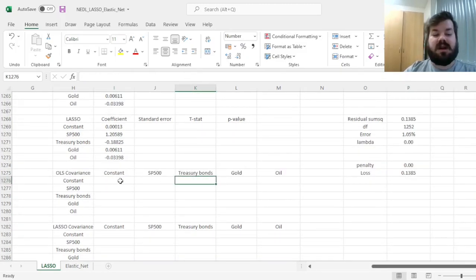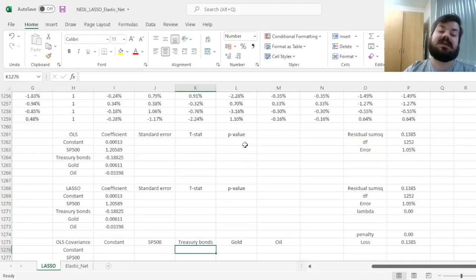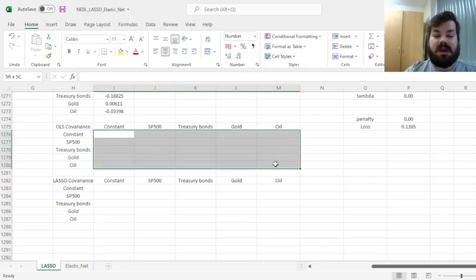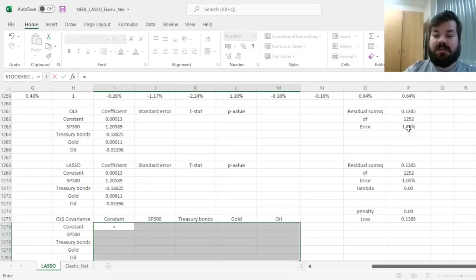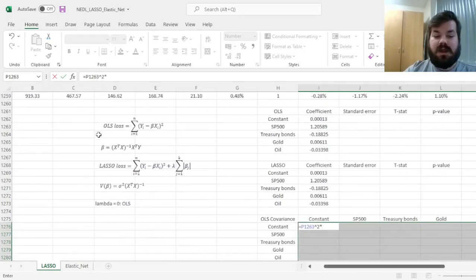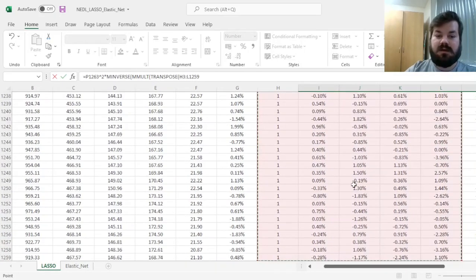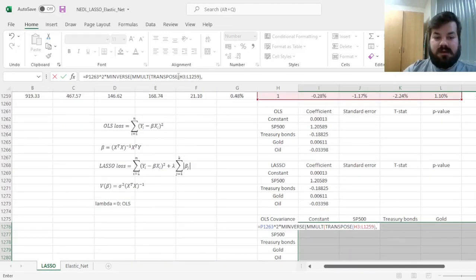And now we can finally calculate the covariance matrices, standard errors, t-stats, and p-values for both models. So for the OLS, we can refer to the error of OLS squared and then multiply it by the inverse matrix that has X transposed multiplied on the right by X. So we do MINVERSE of a matrix multiplication result for the transposed matrix of X that we've got over here, including the constant, and multiplied on the right by the non-transposed version of itself.